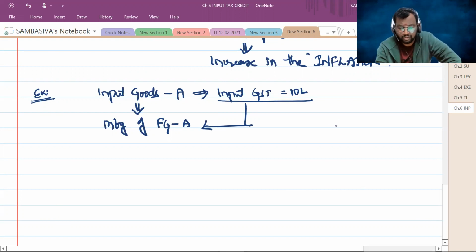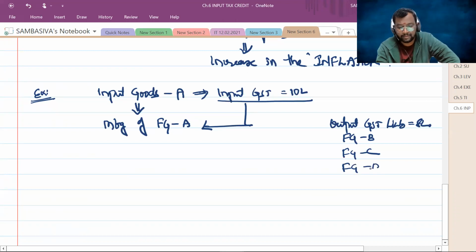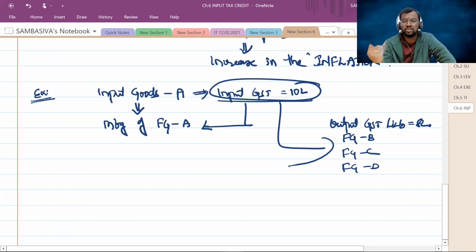Suppose that you got output GST liability of rupees 8 lakhs by selling the finished goods B, by selling the finished goods C, by selling the finished goods D. Now this input GST of rupees 10 lakhs, you can use for the payment of any of these output taxes.